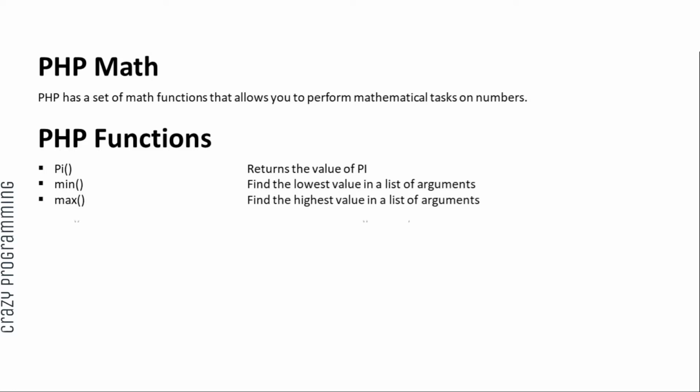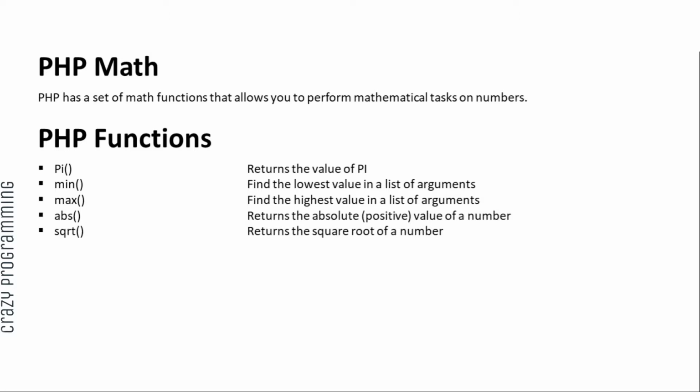Understand? Now the fourth one is ABS, which means absolute. It will return the absolute positive value of a number. You will understand every single function in the example section. Now it's time for square root, that is SQRT.